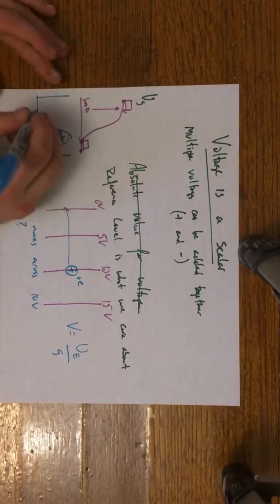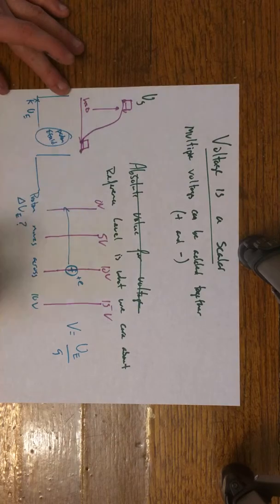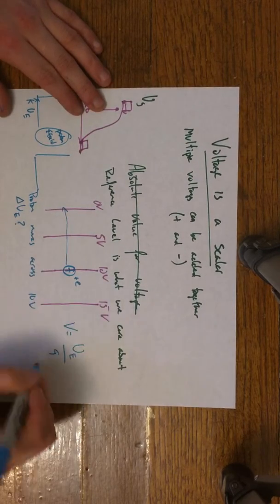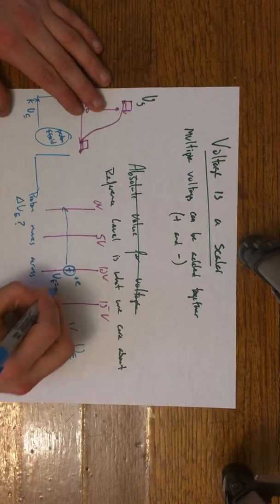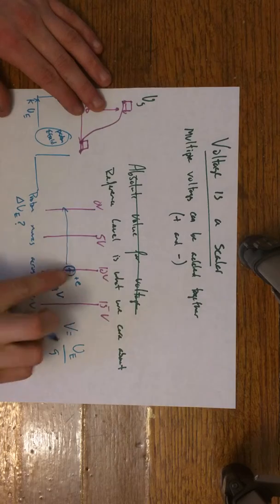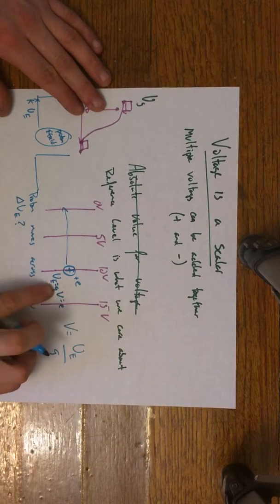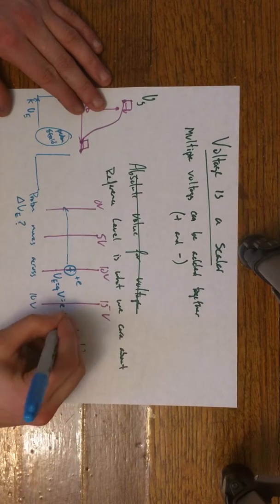So on this side, I have no K, no kinetic energy. I have all potential energy because I start off with, what is it? This UE must be Q times V. And I start off with e, because that's my charge, positive e, times 10 volts.